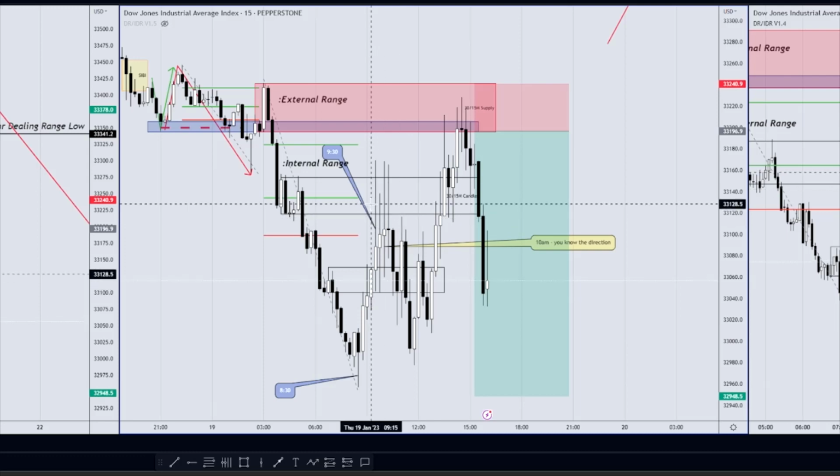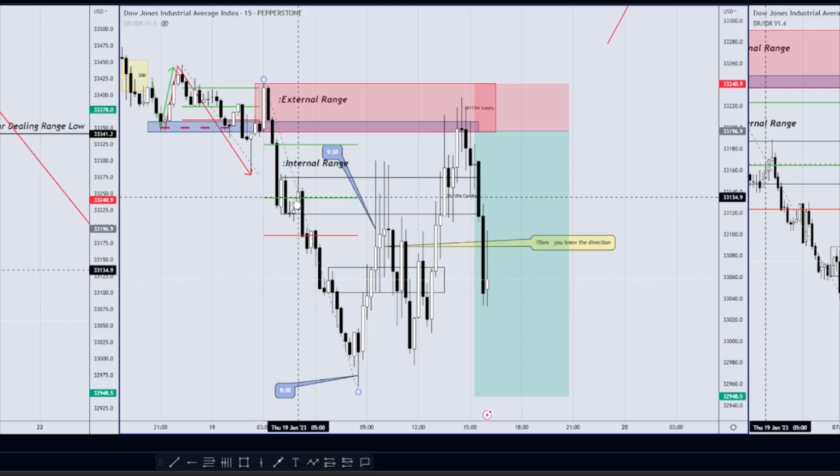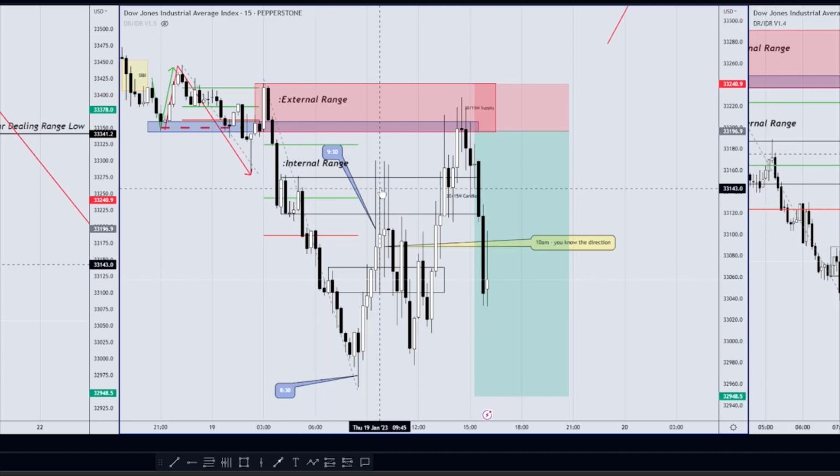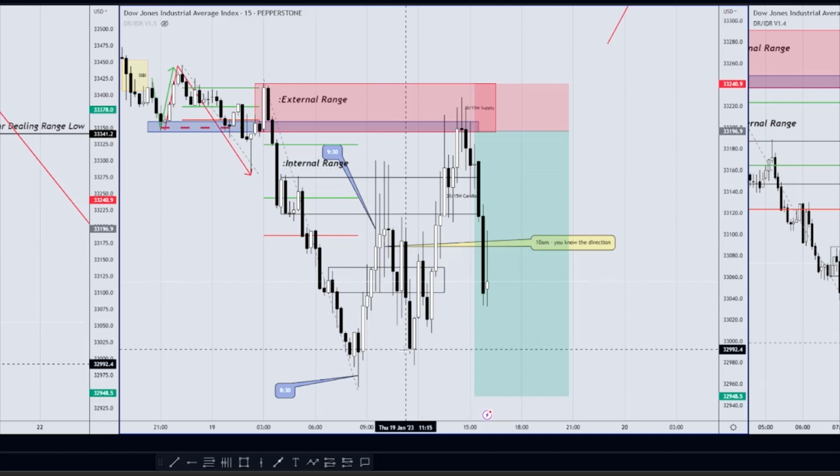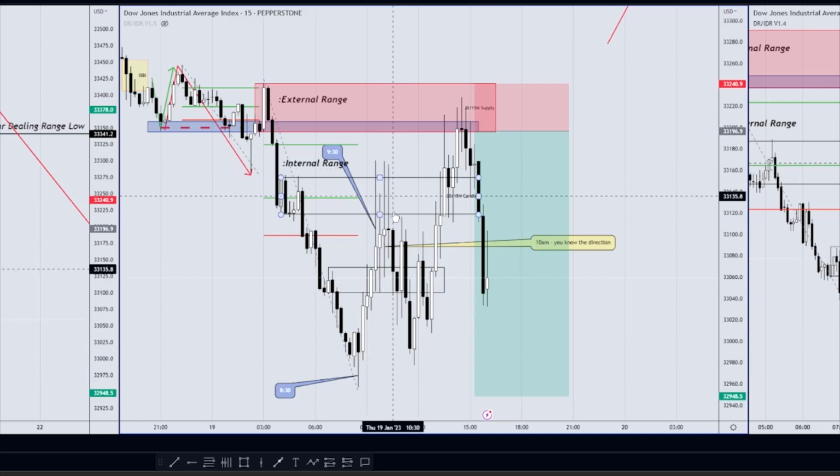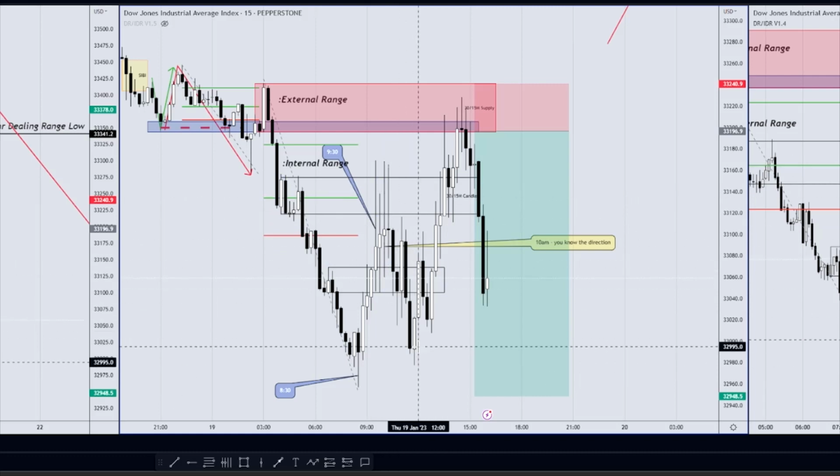Around about 9:30, we did hit this basing candle here, and there was lots of wicks in this area which formed pin bars, and there was an area where we could have got in. So from around about here to here would give us a 3-to-1 easily on a short position, getting out.